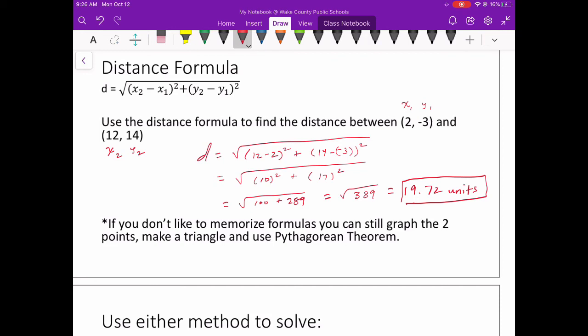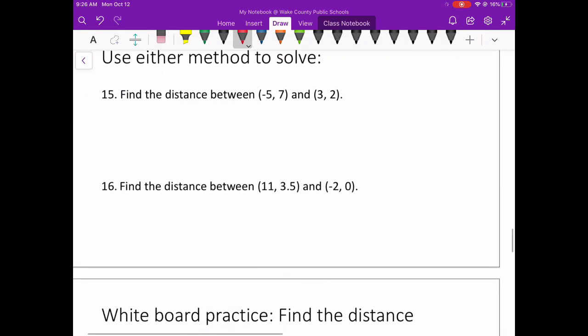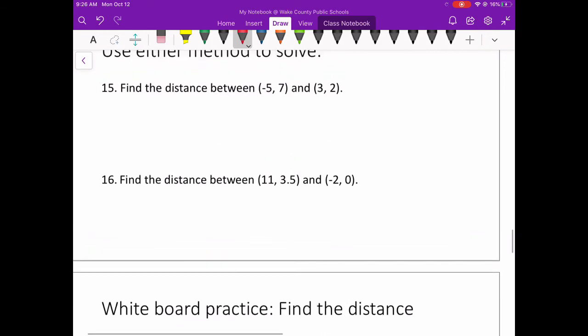Okay. So one more example for you before I let you go. We'll do number 16 because it's got a decimal in it. Some of us get a little complicated and confused with that. So we're going to call this x1 and y1. We'll call this x2 and y2.